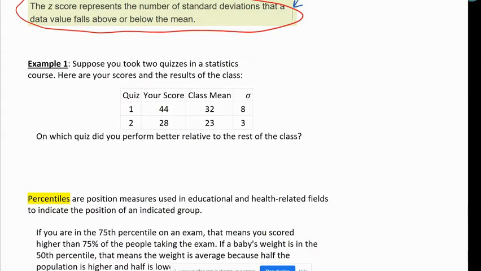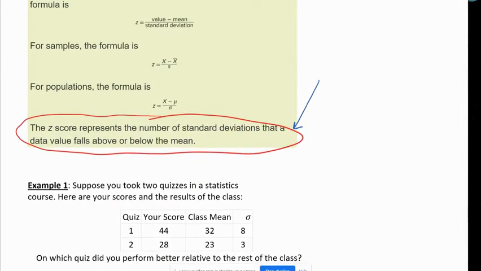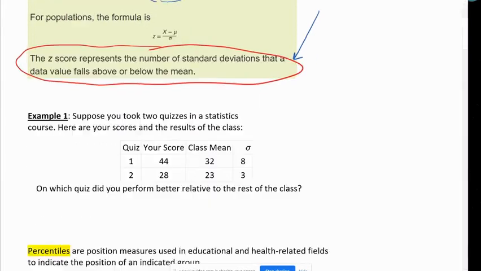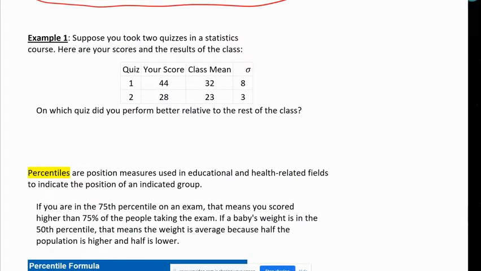So the z-score, the way we calculate that is the data value minus the mean over the standard deviation. And so in this one, it would be the data value minus the mean divided by the standard deviation.